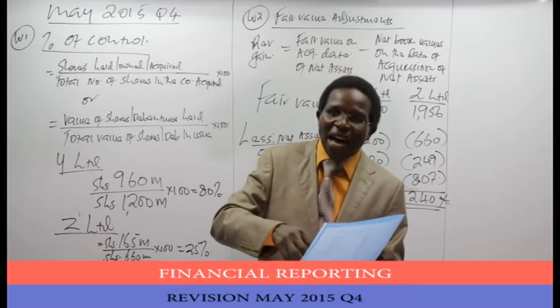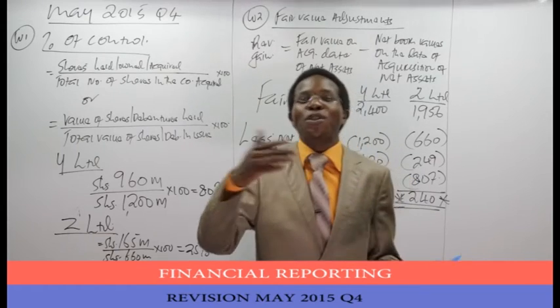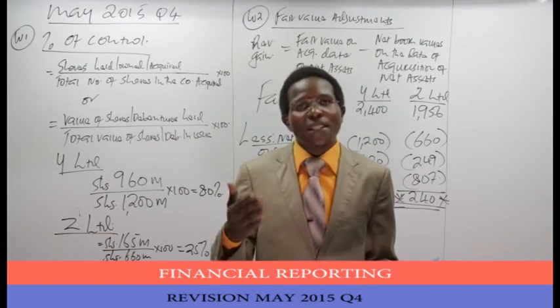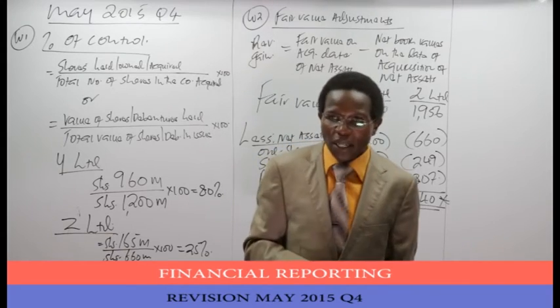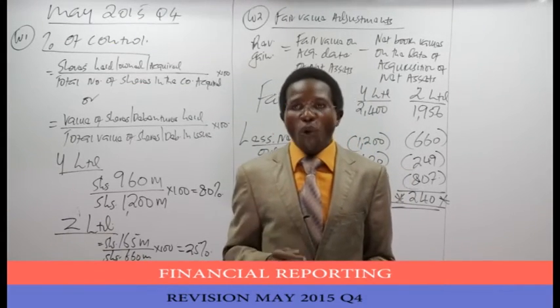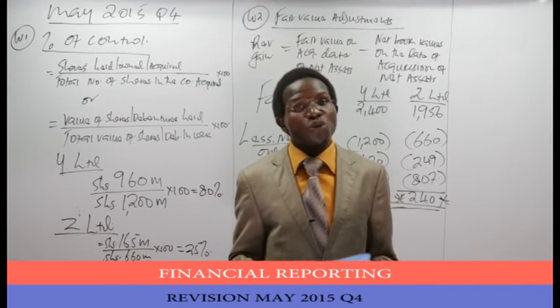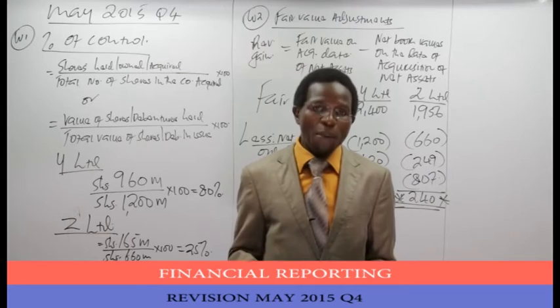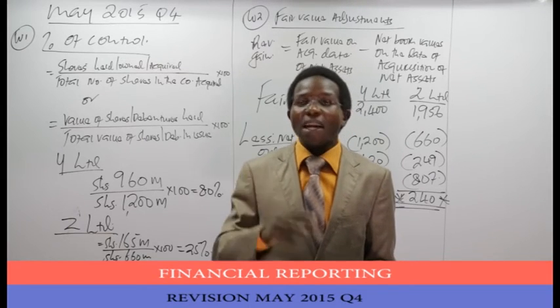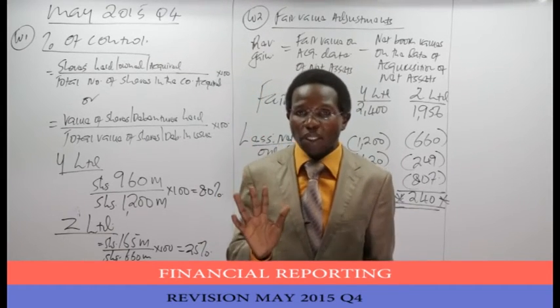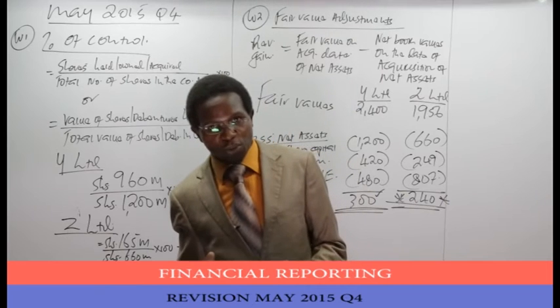In case this transaction was an upstream transaction, meaning it's a subsidiary that sold to the holding company, then we must adjust the profit attributable to NCI accordingly by this item. That is in our group income statement and group statement of changes in equity.